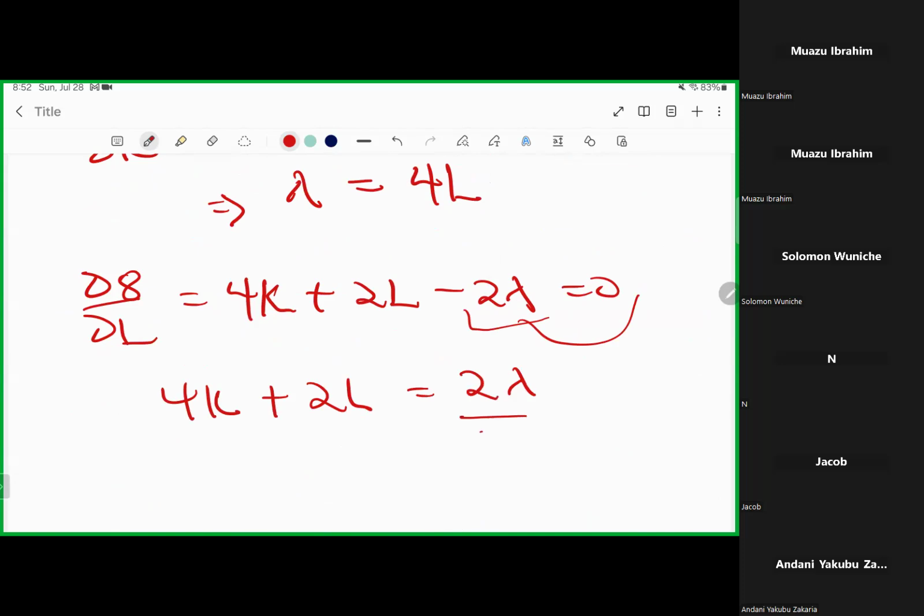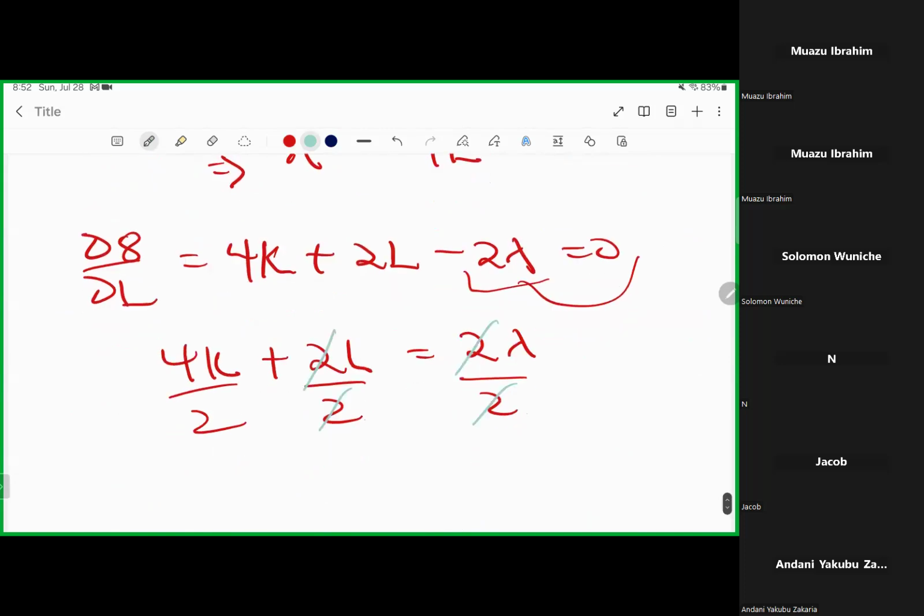We can divide by 2 throughout. This will cancel this. So we are going to get 2K plus L is equal to lambda.